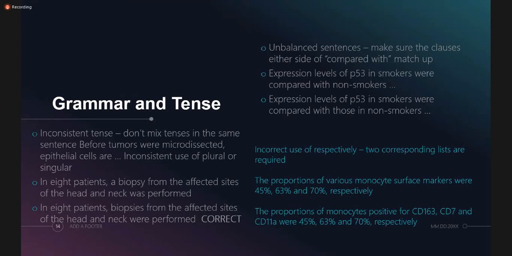In the introduction section, you can write in the present tense, and in the method section, you can write in the past tense. Right.